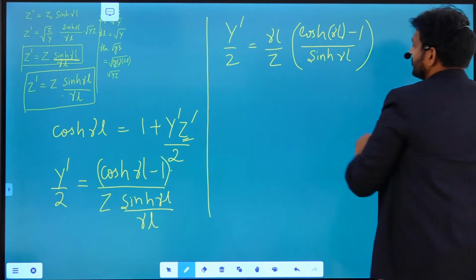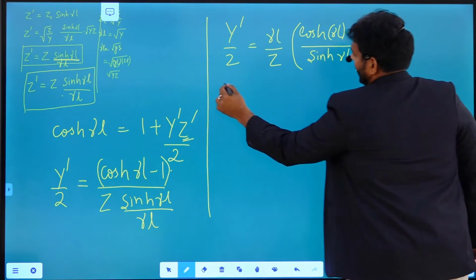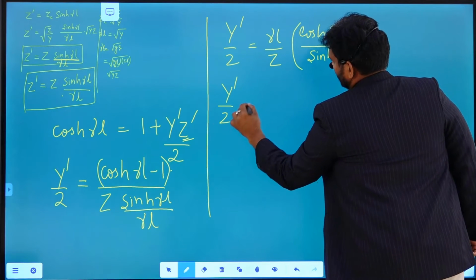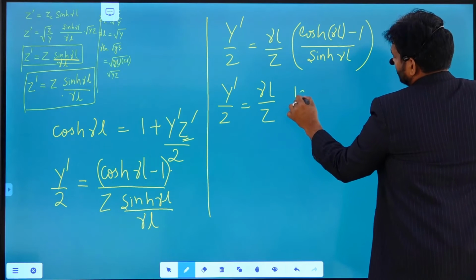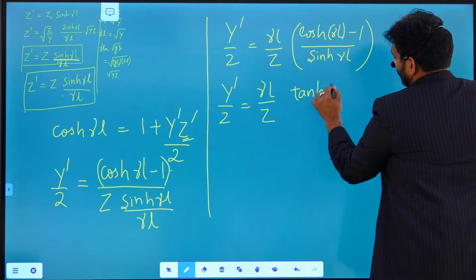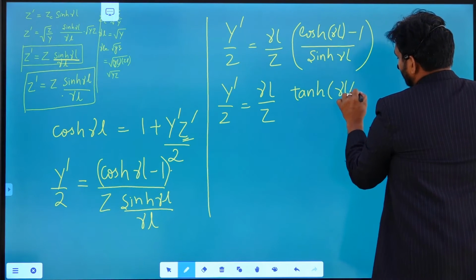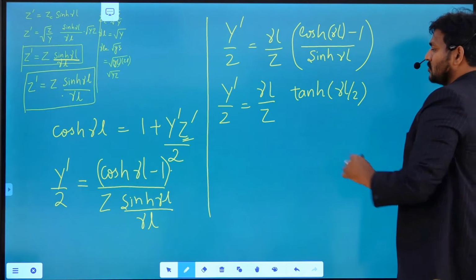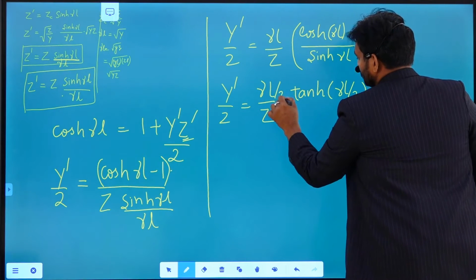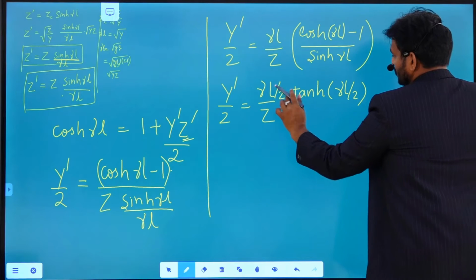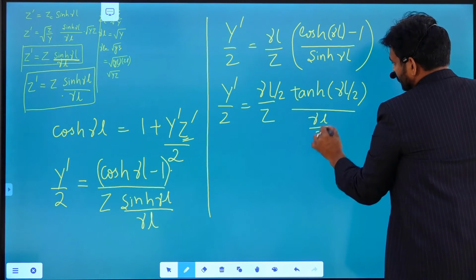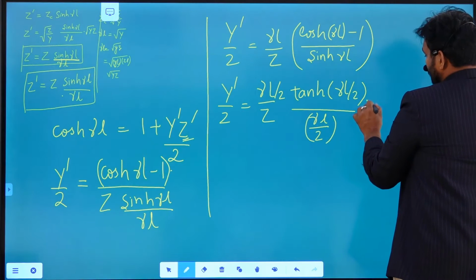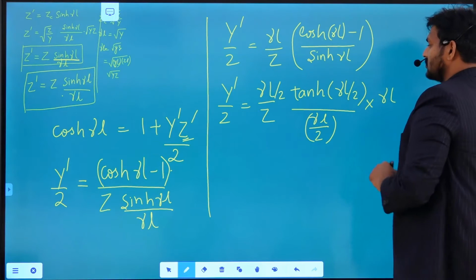So this can be written as equivalent to tanh of gamma L by 2. So gamma L by Z is equal to, this is tanh of gamma L by 2. So you multiply and divide with 2. This is gamma L by 2. So here also you write gamma L by 2 into gamma L. Okay.